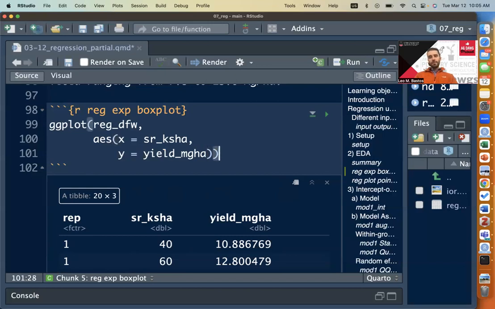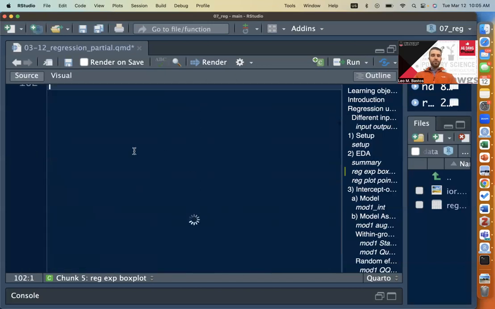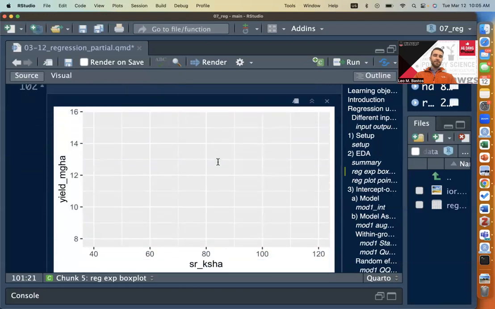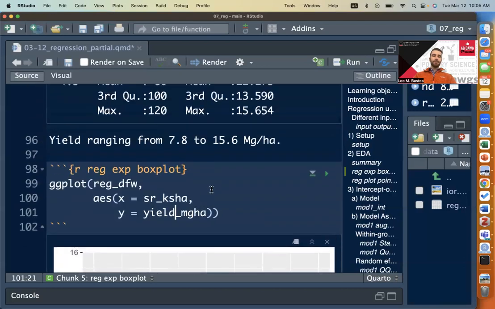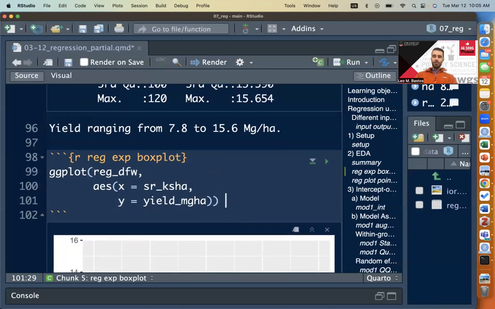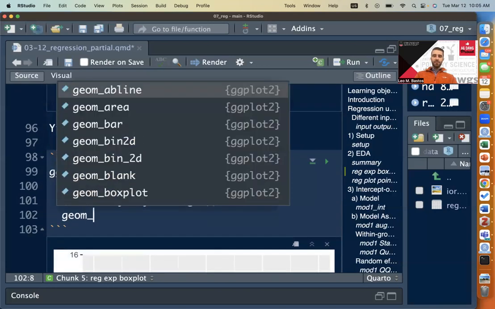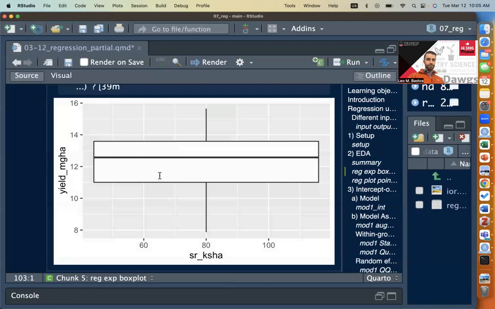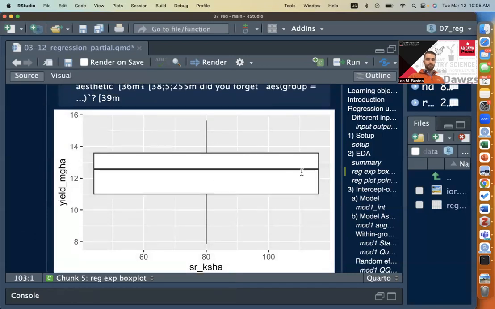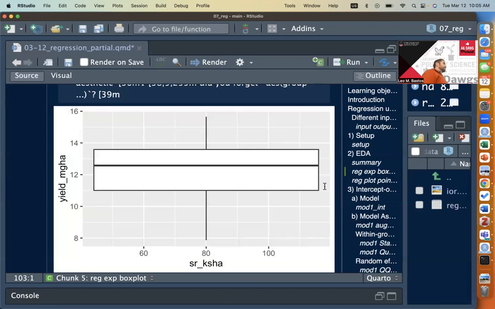Well, if you just run this, as we know, it's going to give us that canvas. It's not going to have anything in it because we have not added any geoms yet. So we can come back to the code, add a plus, and I want to ask for a geom box plot, as we've been using this a lot to look at data distributions. What is going on here?